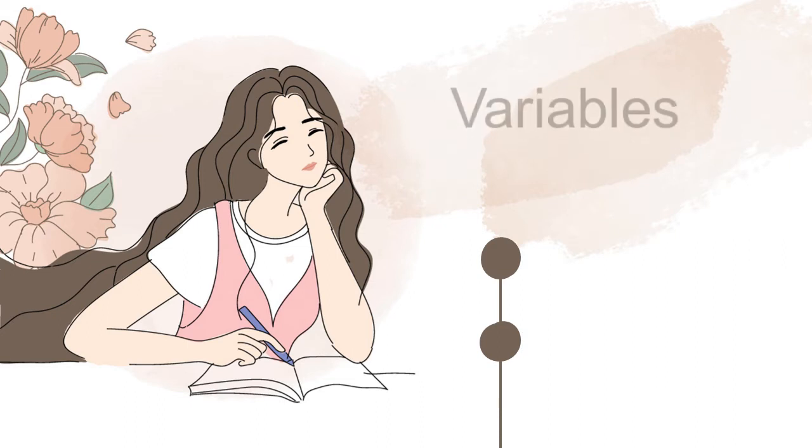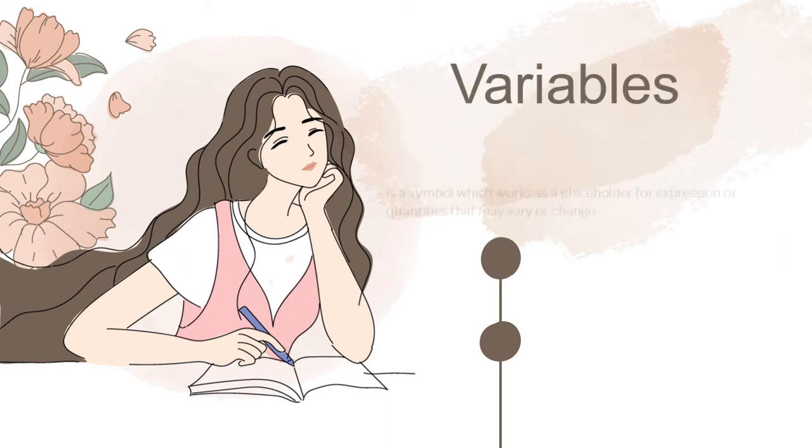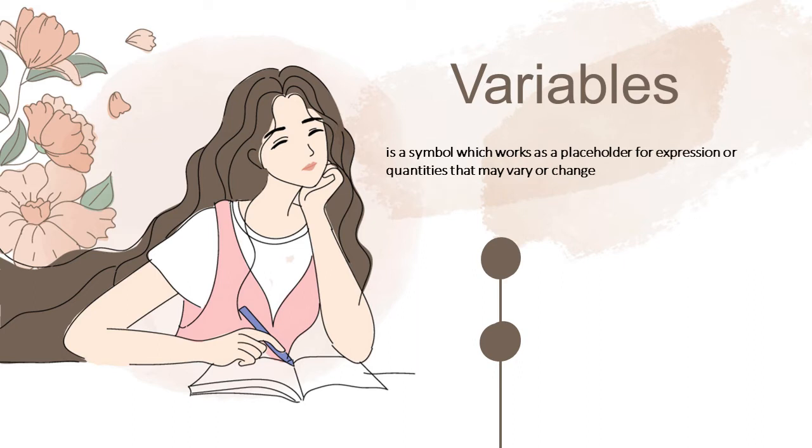And the last one is variables. A variable is a symbol which works as a placeholder for expressions or quantities that may vary or change. It is often used to represent the argument of a function or an arbitrary element of a set.